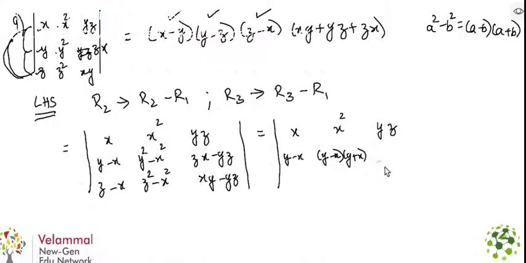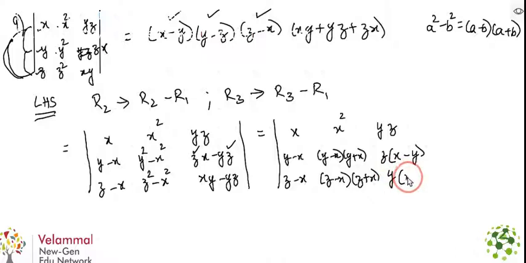And the last one, z is common, so if I take z common, I get x minus y. Coming to the last row, z minus x, same way, z minus x into z plus x. And what is common? y is common and x minus y, x minus z.